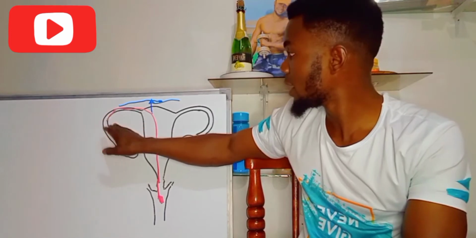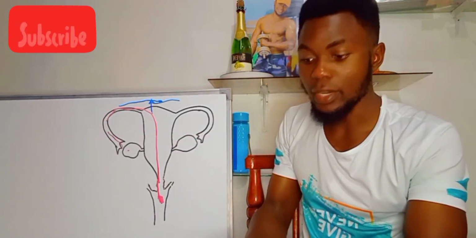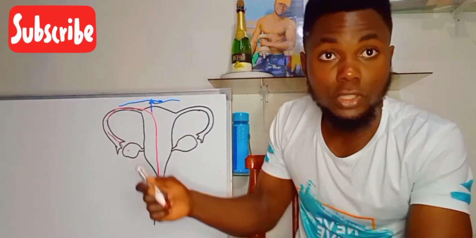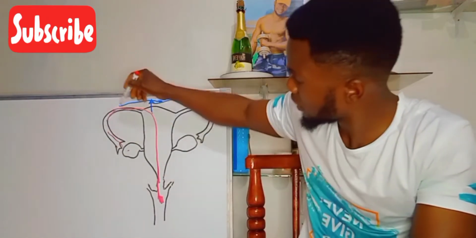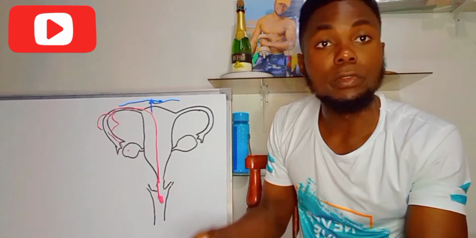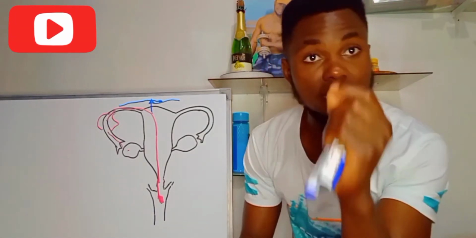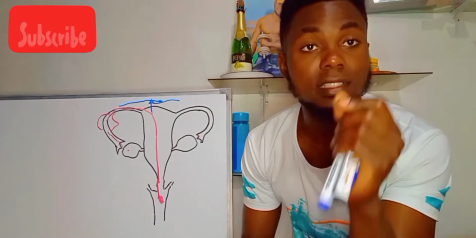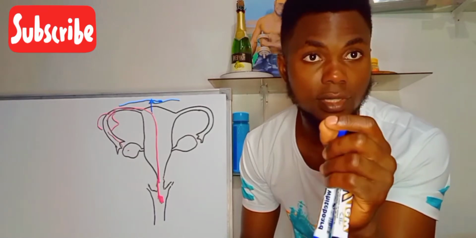Those pathogens which move to the fallopian tube and colonize there are going to cause inflammation of this tube, which we refer to as salpingitis. That is inflammation of the fallopian tubes.